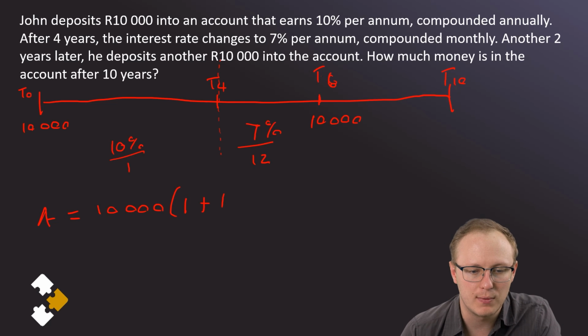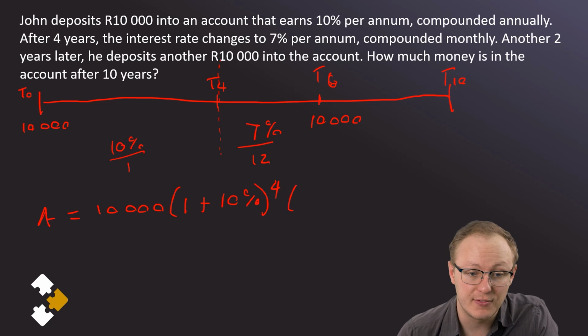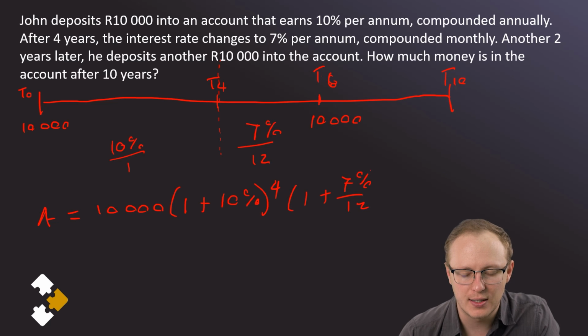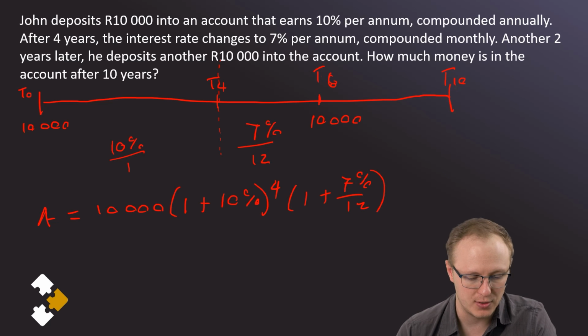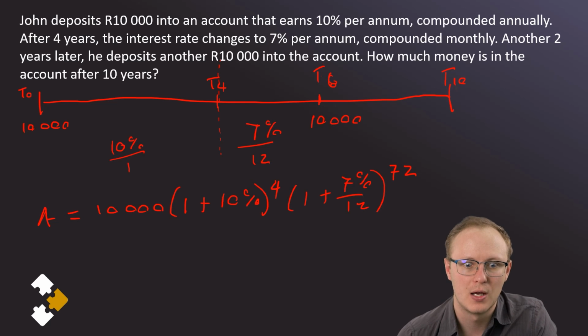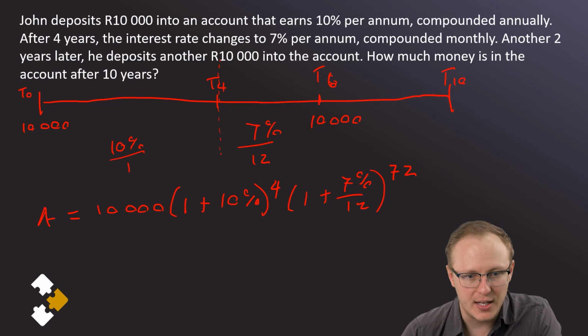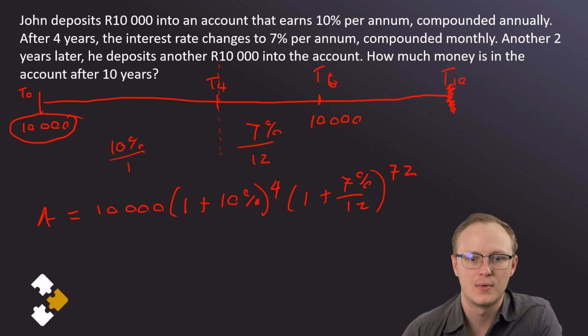So that's going to be the 1 plus the 10% to the power of 4, right? And then it was in the account another 6 years at the 7%, right? But now our 6 years has to be monthly, so then we've got to do the whole 6 times 12 thing, so that's going to be 72, right? And then that is going to be the value of this cash flow, this 10,000 Rand here at T10.